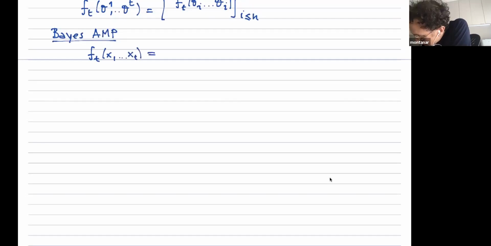This is just the expectation of the random variable theta given ξ_t theta plus square root of ξ_t z equals x_t.